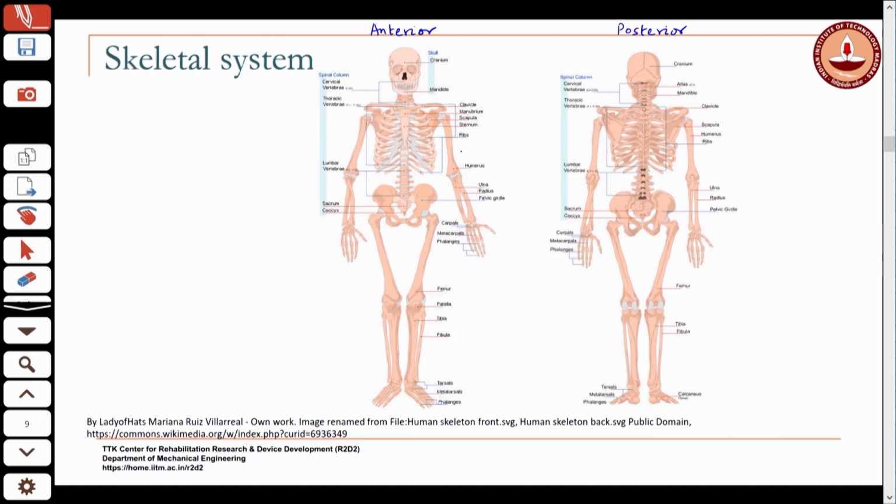To this part are attached the arms at the shoulder, and the legs are attached to the skeleton at the hip. In fact, when they assembled the skeleton, that was more or less how it was assembled. You had the head separately, and then the arms and the legs were attached to this central portion.